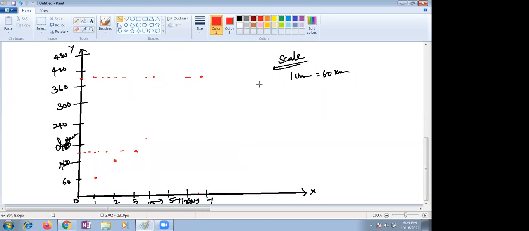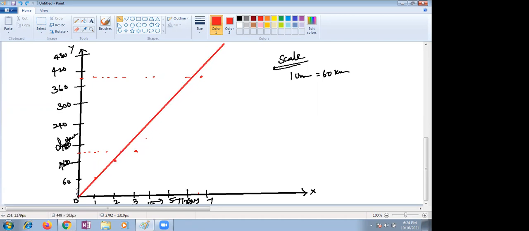Now you can draw a straight line here. I will locate the points also. Let me write the points. All the points should lie on the line, children.